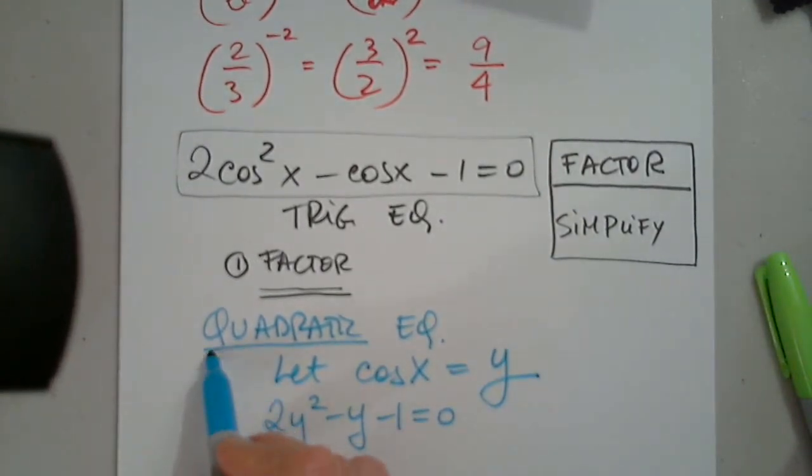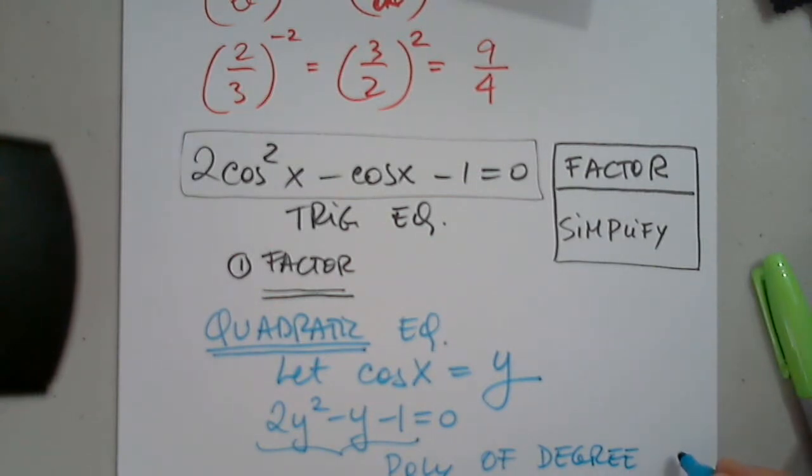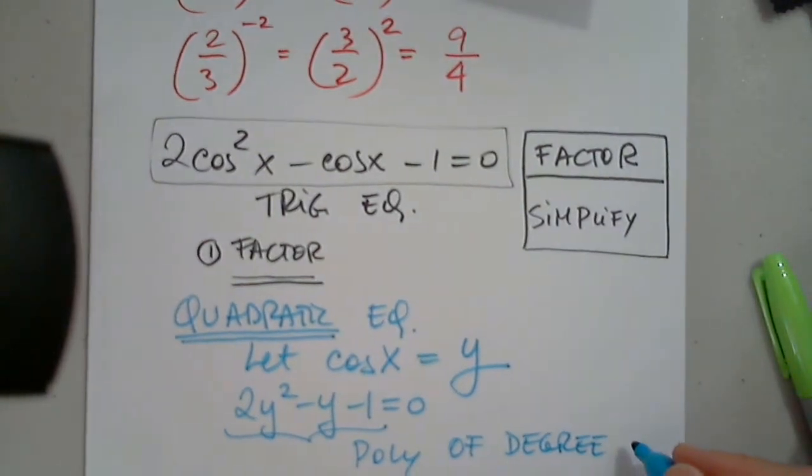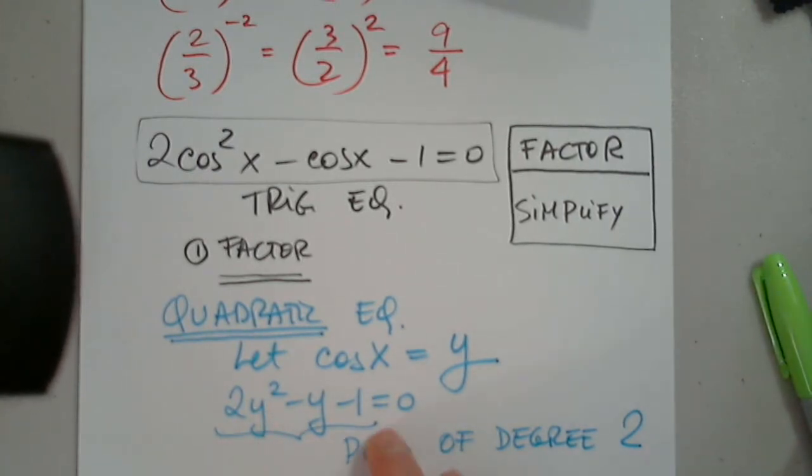Correct? So that's how I know it's quadratic. Why? Because this polynomial has degree 2. Exactly. Since the polynomial has degree 2, this is a quadratic equation, which has 2 solutions.